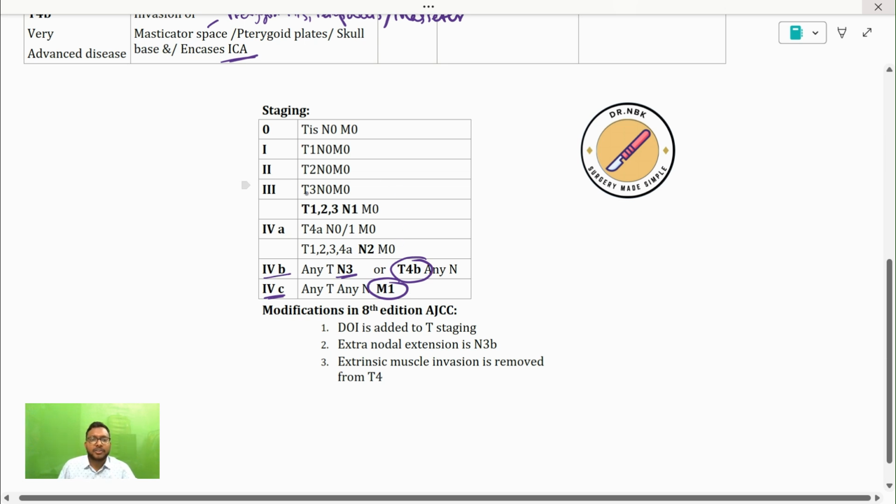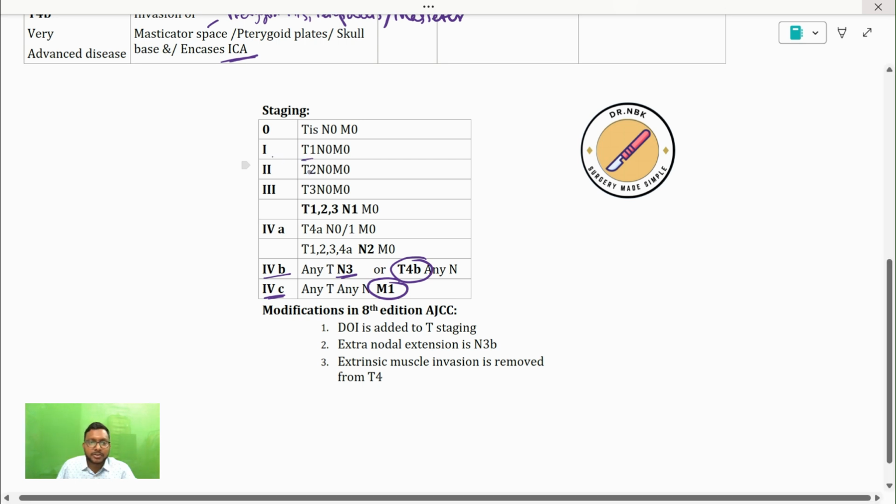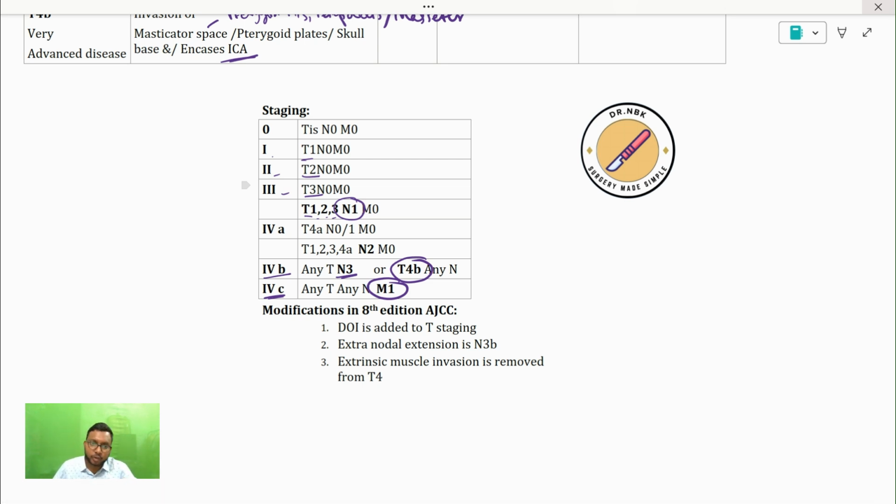Now, the first three are easy to remember. T1 will come under stage 1, T2 will come under stage 2, T3 will come under stage 3. Also, if it is T1, 2 or 3 with a single ipsilateral node less than or equal to 3 centimeters, that will come under stage 3 again.